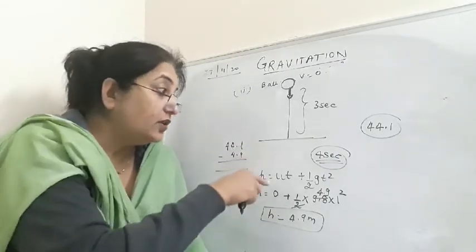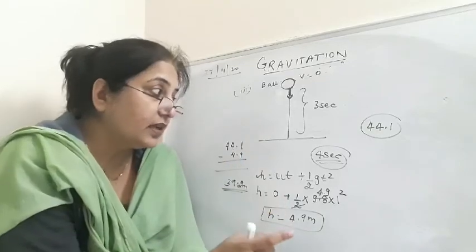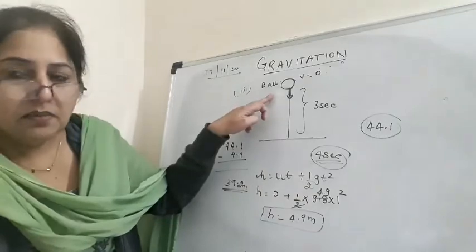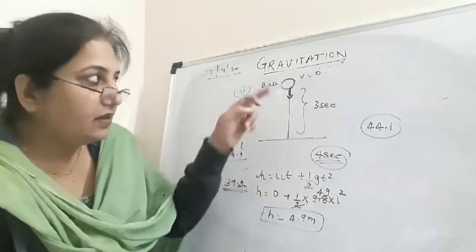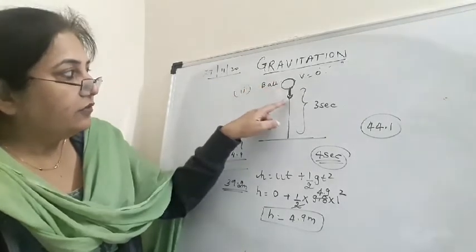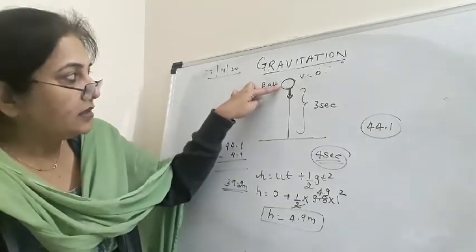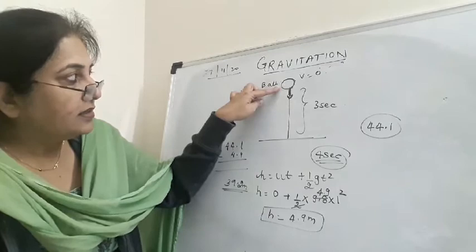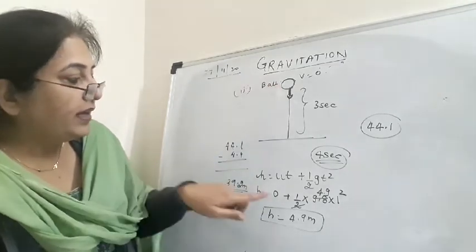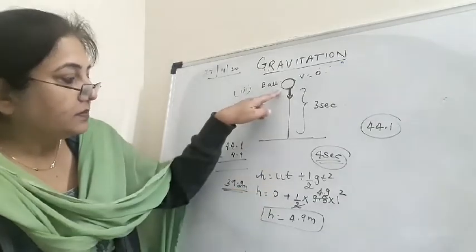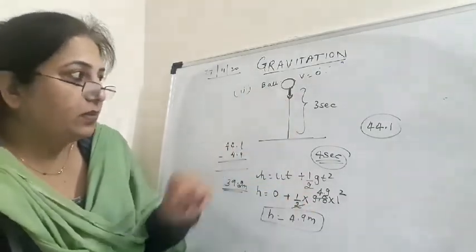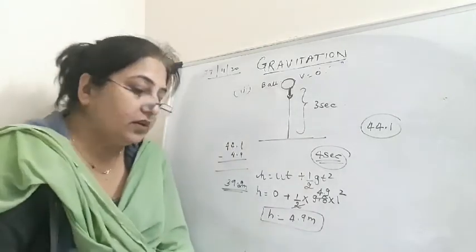Then to calculate the position of the ball after 4 seconds, what I told you is in 3 seconds the ball will reach the maximum height, and in the next 1 second when it starts falling down, that position we have to calculate. And from this point, that is the initial position, from here u will be taken as 0, then g is as usual 9.8 and time will be 1 second. So this completes your question number 18.